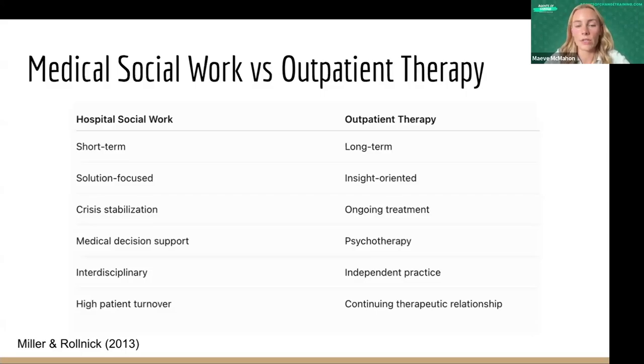So there's definitely a lot of overlap where it's helpful to know the resources in your community when you're planning a discharge. Or the roles reverse: if an outpatient program sees someone who's really in crisis and they feel like they need some more support and an inpatient setting, they know that they can refer the patient to an inpatient setting.